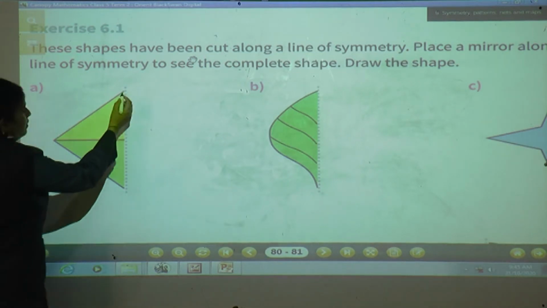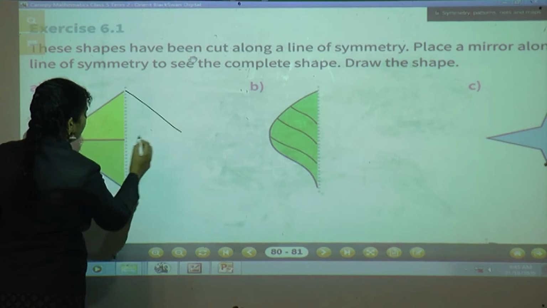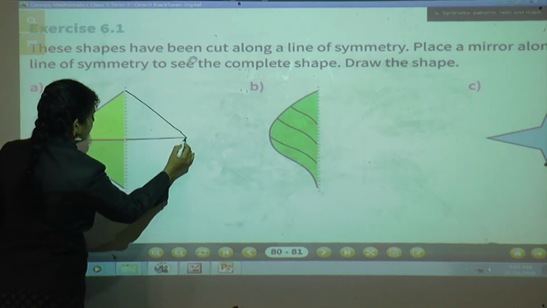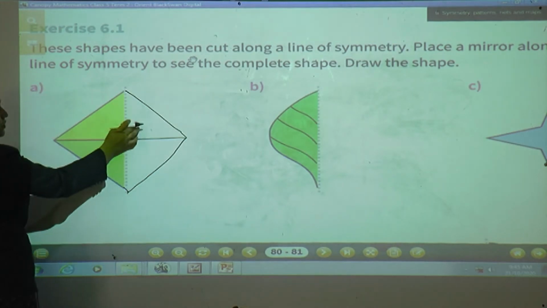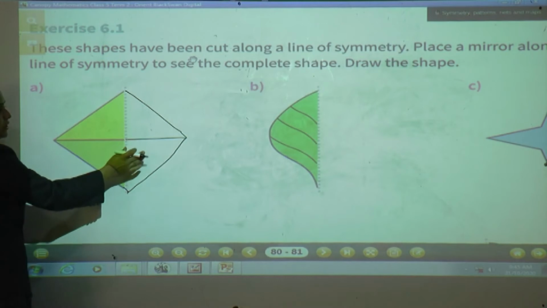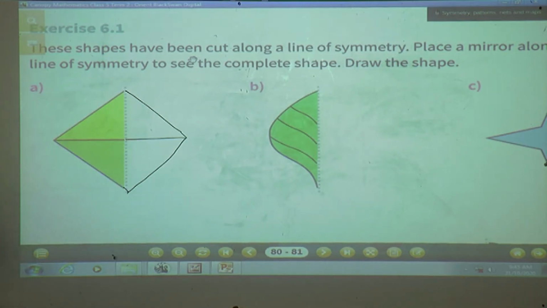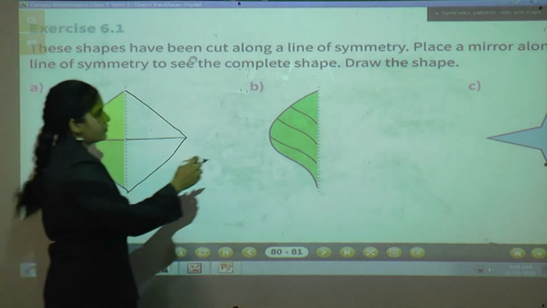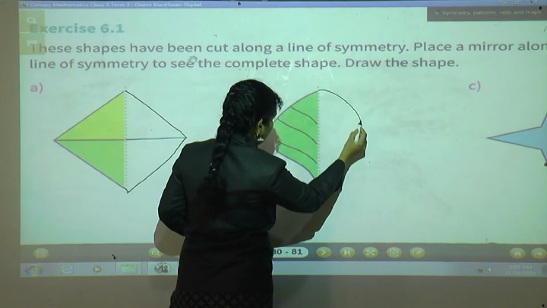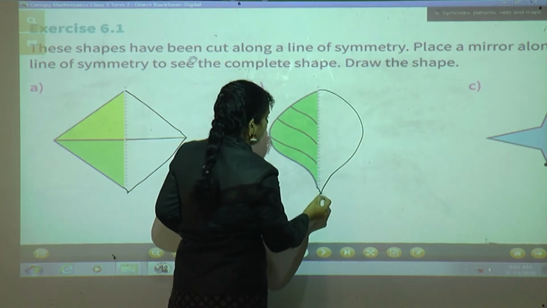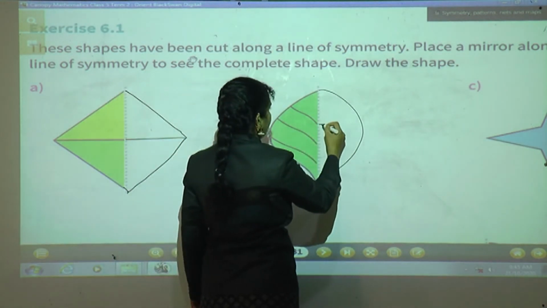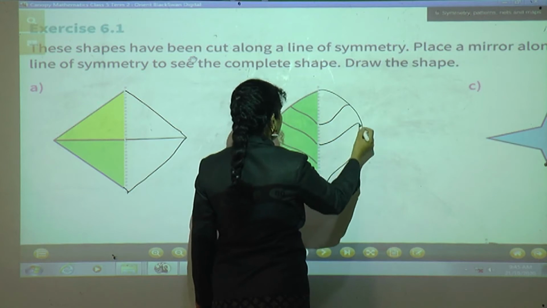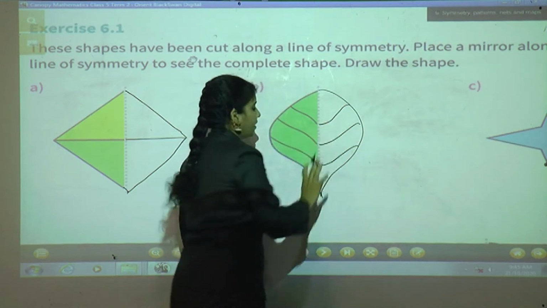So we can draw like this so that the figure will be complete, and you can color it. Here you can give yellow color and green color as per the figure. Now in the second one, here also we can draw like this so that the figure will be complete, and you can color it.